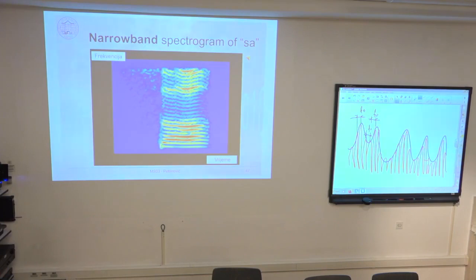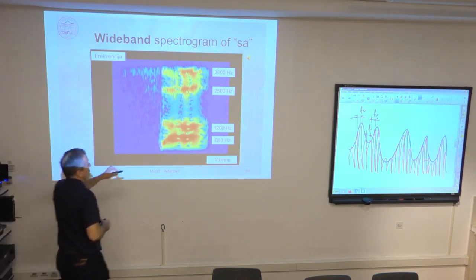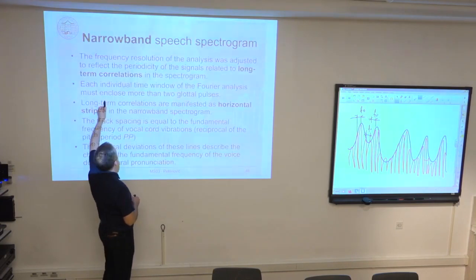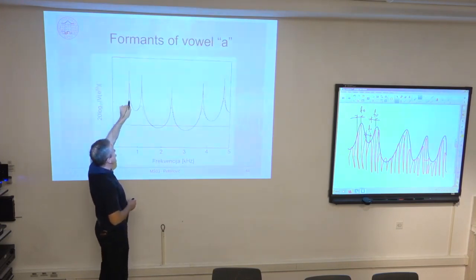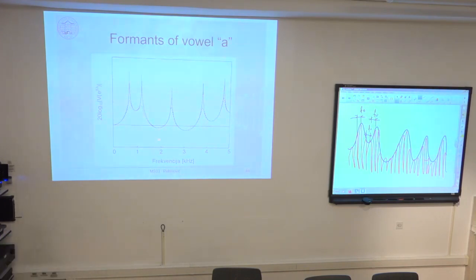Okay. Now, if I do the wideband spectrogram, I get this kind of image, and this image actually shows the position of formants much more nicely. So this red region is the first formant, something related to, let's say, a peak at 800 Hertz of the transfer function of the vocal tract.